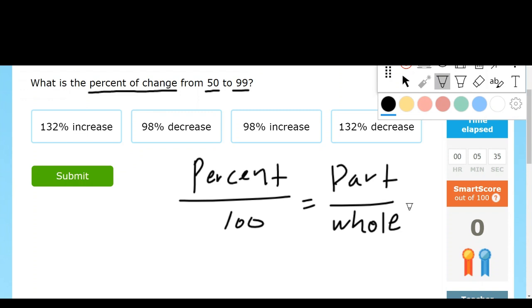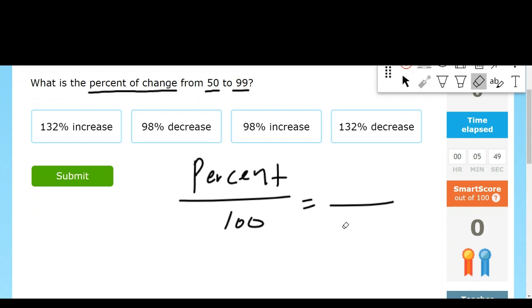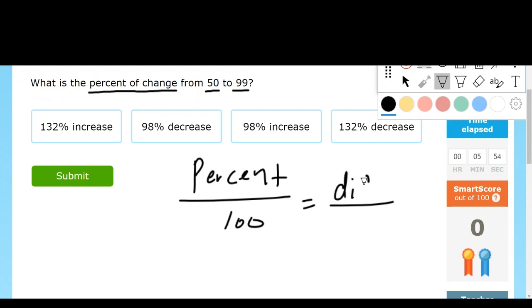Now we're asking the question, from one number to another number, what is that percent change? The only difference is in the right fraction of our proportion here. Instead of part over whole, we're going to use difference over original.